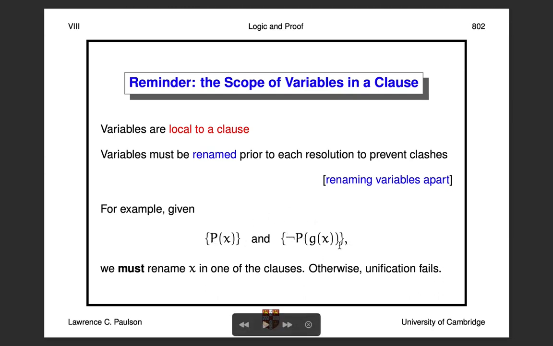So if you were to directly try to unify them, you would indeed get an occurs check error. But you would be wrong because you have forgotten that before you even get involved with unification, so when you're still at the level of resolution, you should make sure that the variables in these two clauses do not overlap. In a real theorem prover, this is done simply by using a counter that keeps ticking upwards.